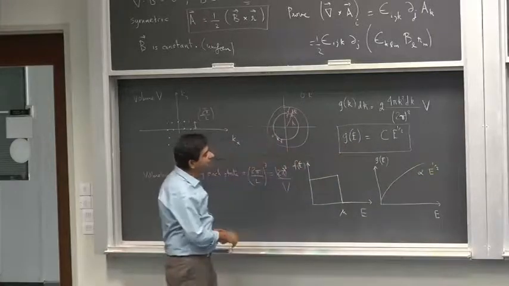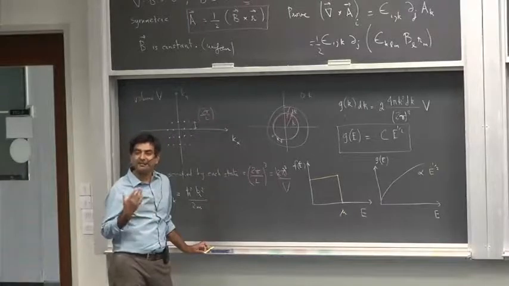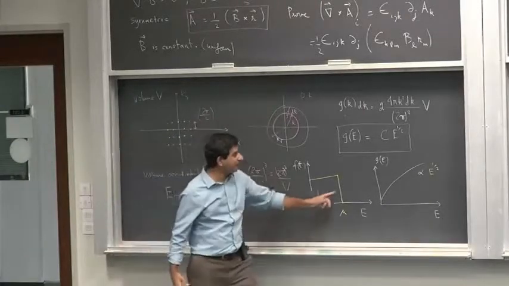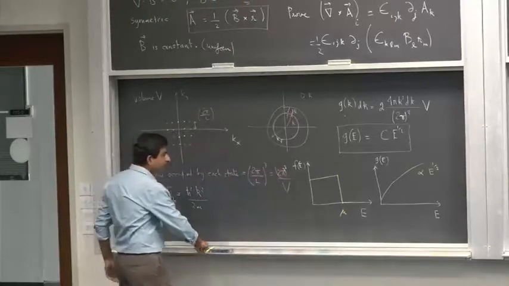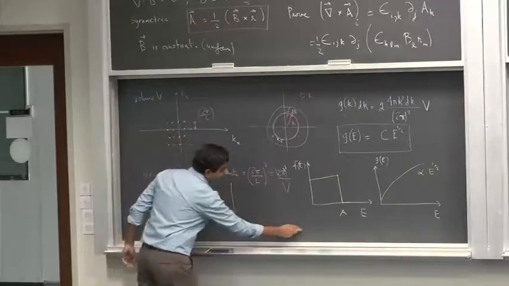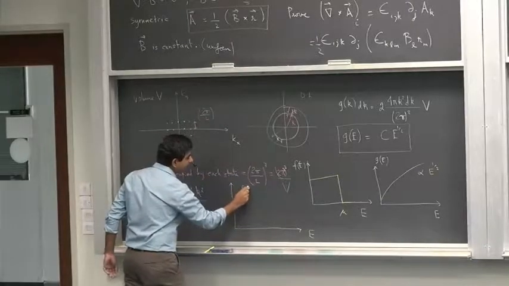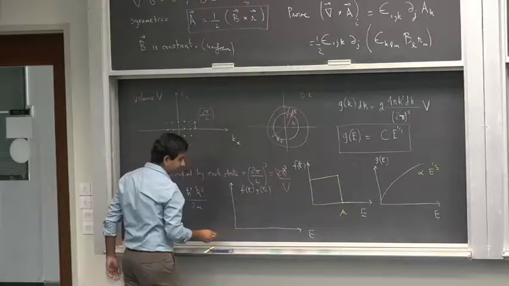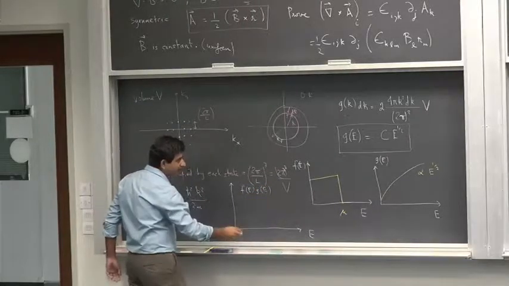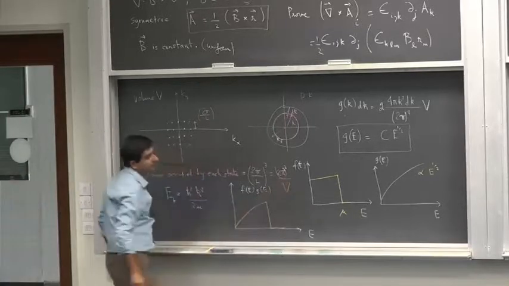So in order to find out whether an electron is present at some energy value, I have to multiply these two terms. Okay? So if I take the product of these two terms graphically, here I have E, here I have F(E), G(E), then I would obtain something like this, right?